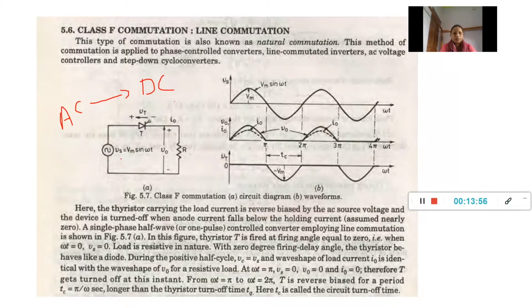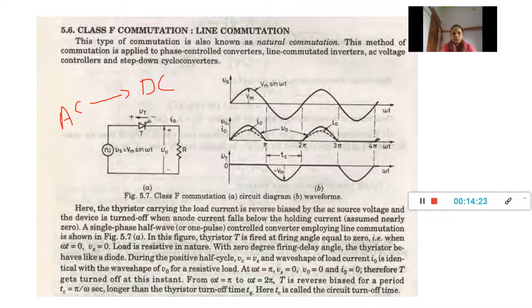The single phase supply is connected to the load through this power semiconductor device. Here the device is the thyristor T. The voltage across the thyristor is represented as Vt. R is the load, and the voltage across this load is V0. The current through the load is I0. Vs is equal to Vm sin omega t.